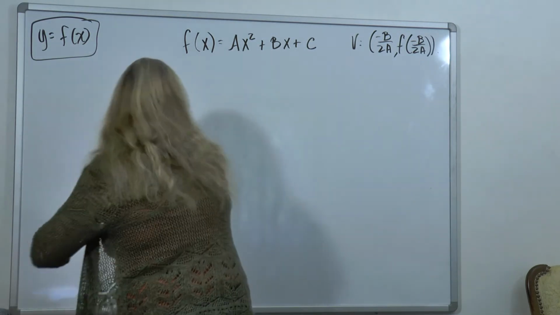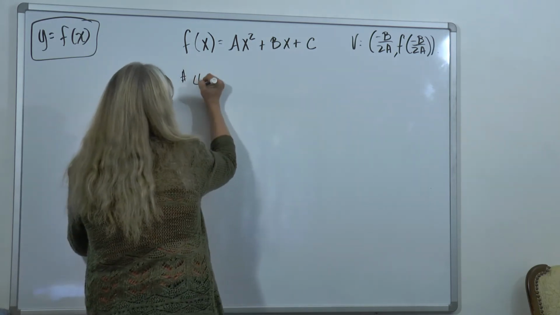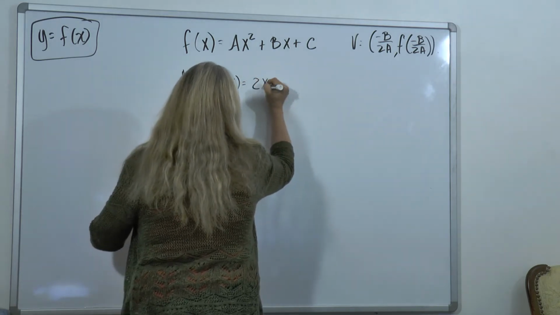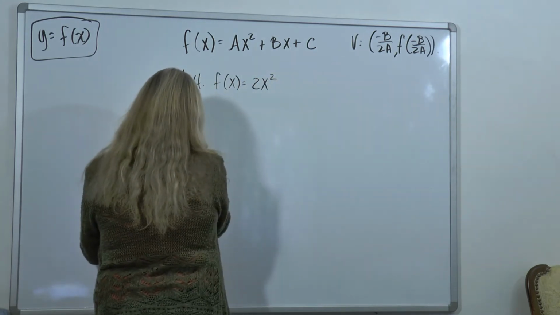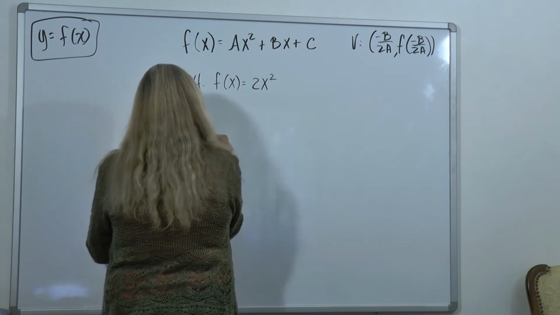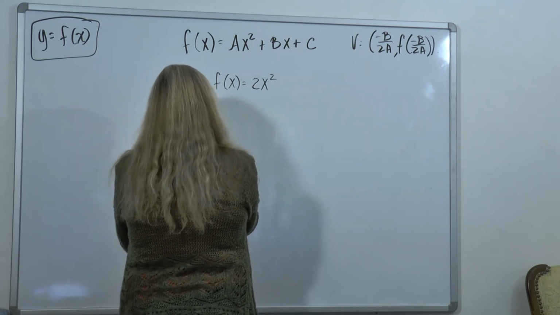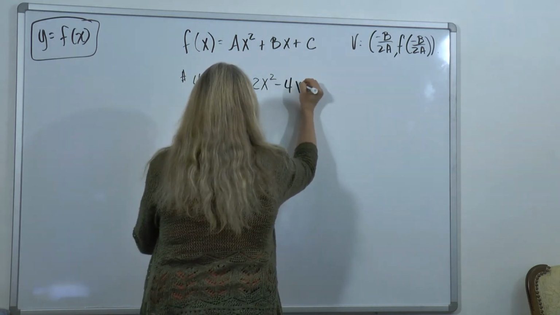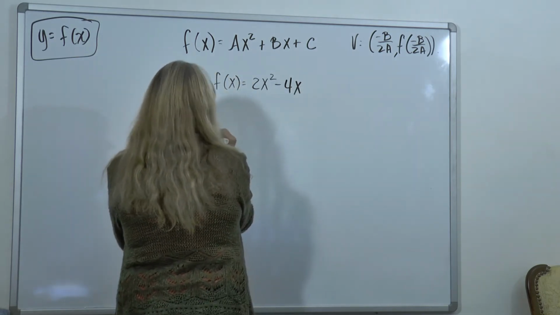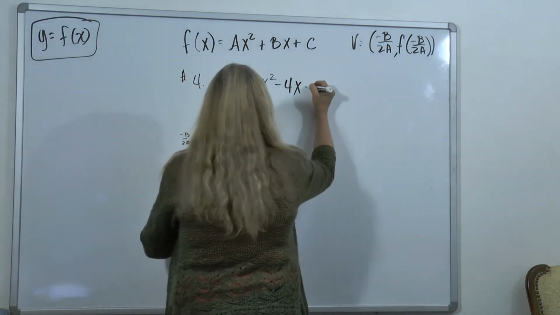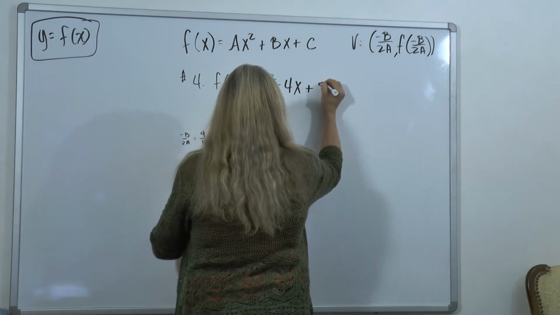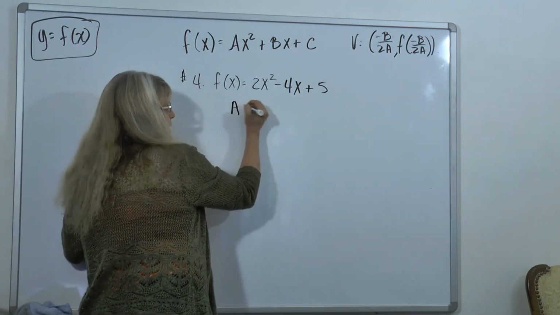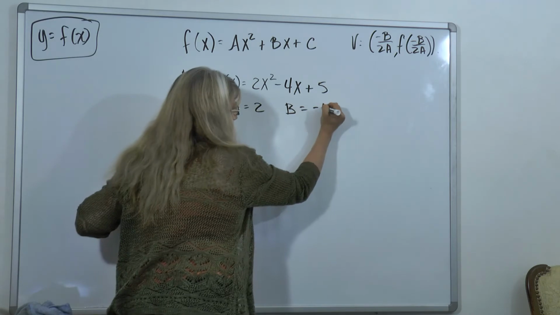All right, let's do one more. Okay, so my a is 2 and my b is negative 4.